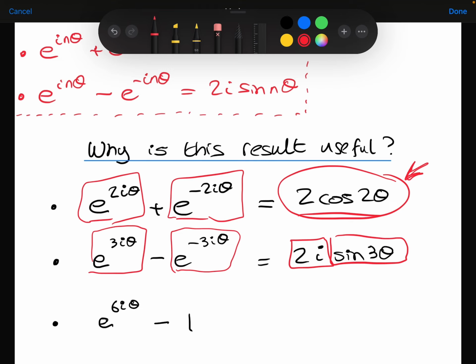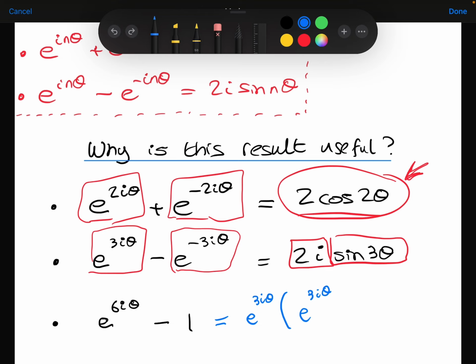In the third example here, we can see that the way it's written at the moment doesn't match up perfectly with these results. But there's a little trick I could do. I could factorise out e to the 3i theta. So the first term will become e to the 3i theta, because this times this is this.